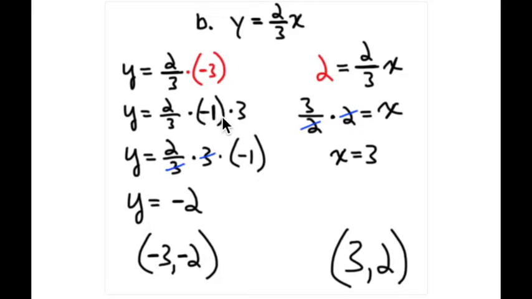So you can pull that -1 out as a factor, and that way I can easily see that I can cancel these 3's. 3 divided by 3 is 1. So you're left with the opposite of 2. So when x is -3, y is -2, that is a point, once again, on the line.